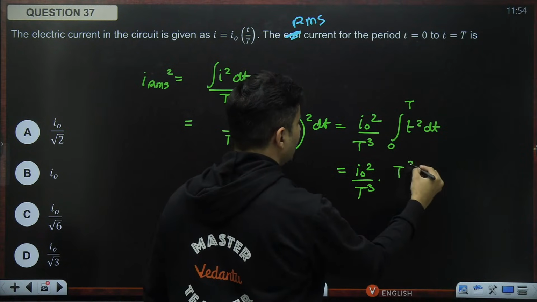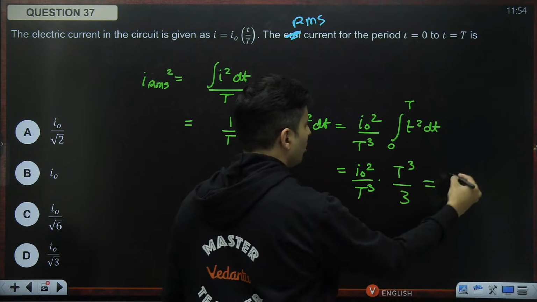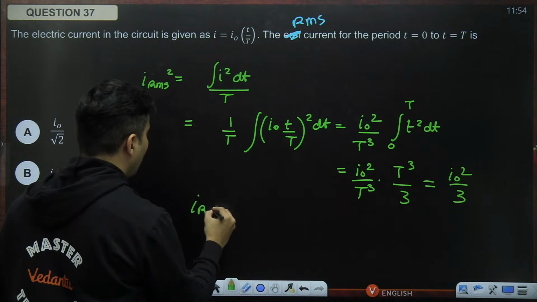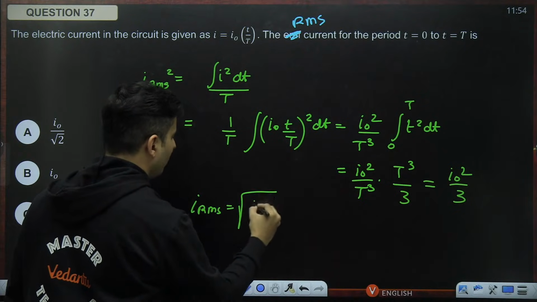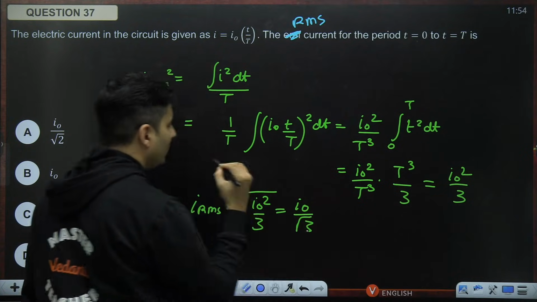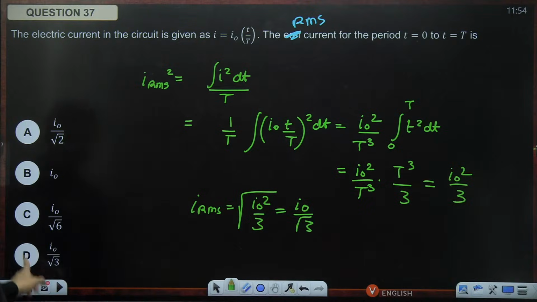So this will become T cube by 3. T cube cancels, so it will become I naught square by 3. So IRMS will become root of I naught square by 3, which is I naught by root 3. So I naught by root 3 should be the answer. Yes, option D is the right answer.